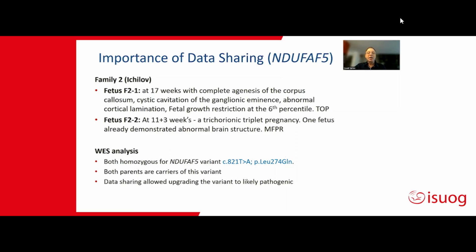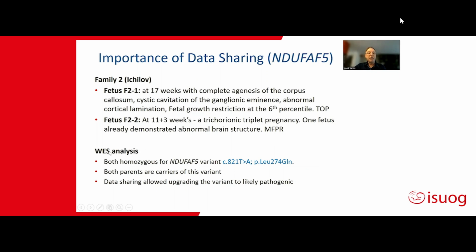And at about the same time, we had a second family that had two abnormal fetuses. The first one was detected at 17 weeks with agenesis of the corpus callosum and also cystic cavitation of the ganglionic eminence with abnormal lamination and fetal growth restriction, again undergoing termination of pregnancy. The second pregnancy was actually a triplet pregnancy, but one fetus already demonstrated the same abnormalities and underwent multifetal pregnancy reduction.